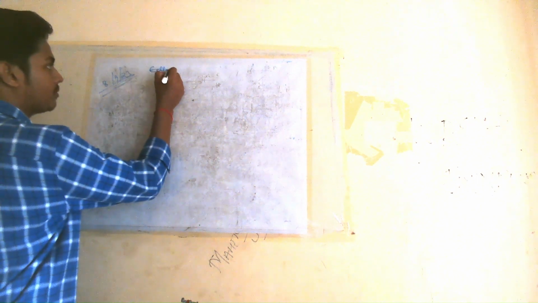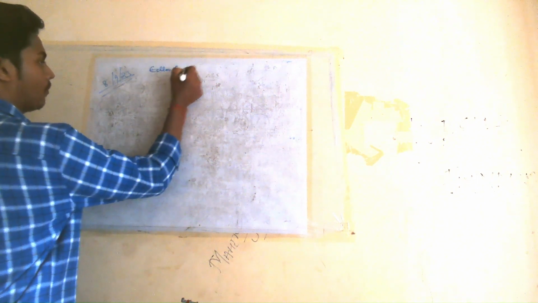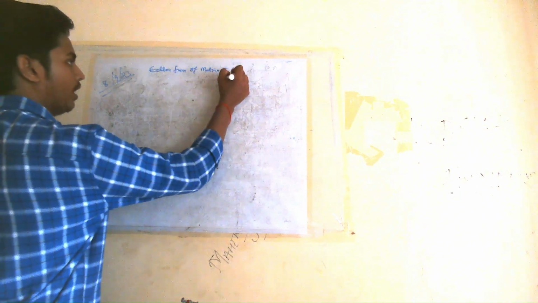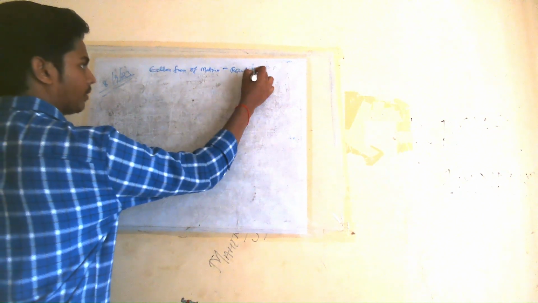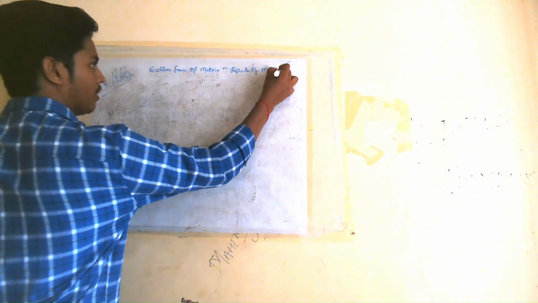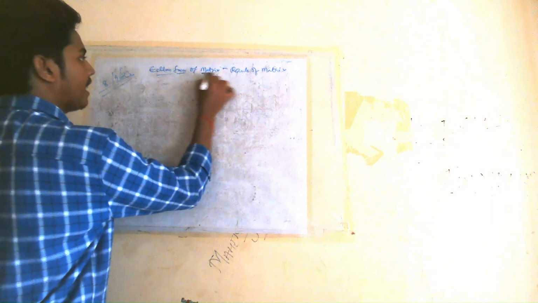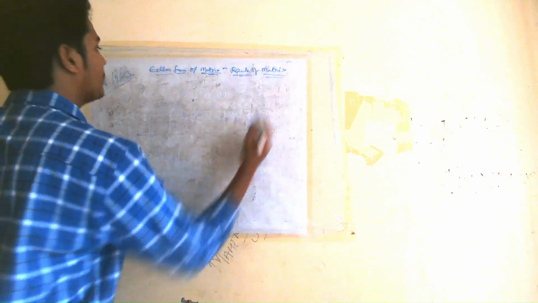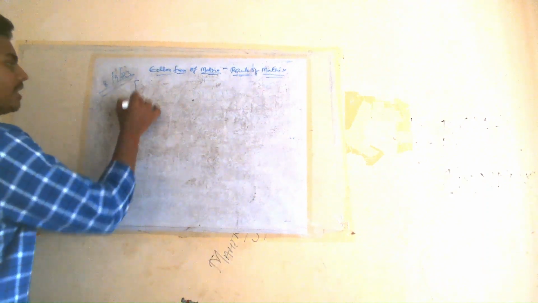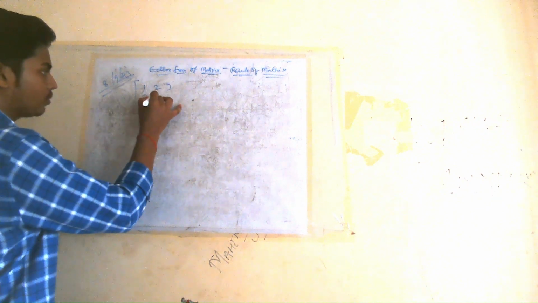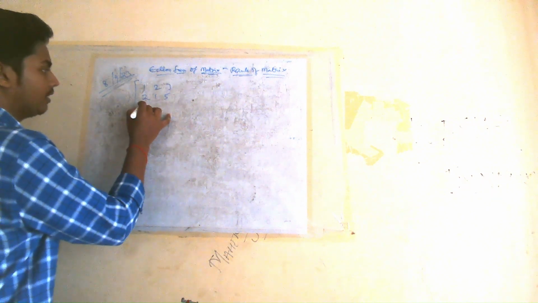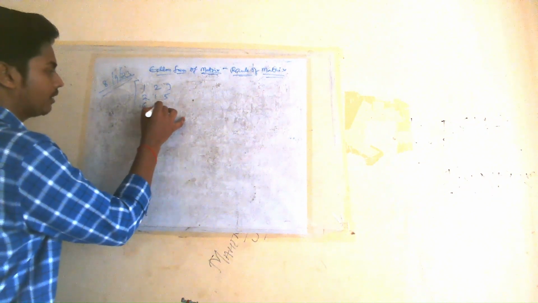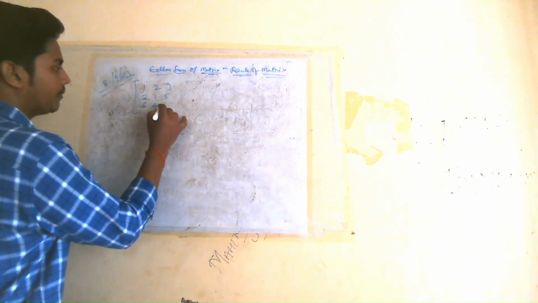Now let's talk about the echelon form of a matrix. We are finding the echelon form of a matrix to get the rank of a matrix. Now let's take an example: 1 2 3, 2 1 5, 6 4 and -3.